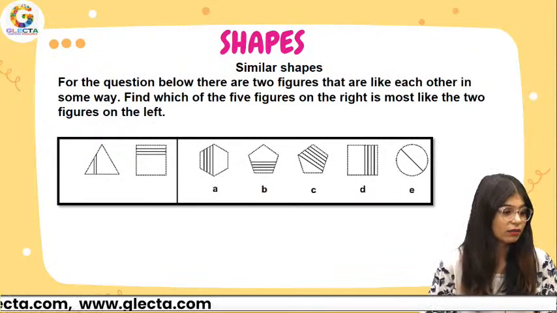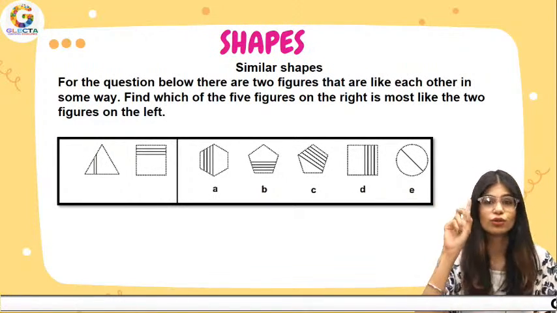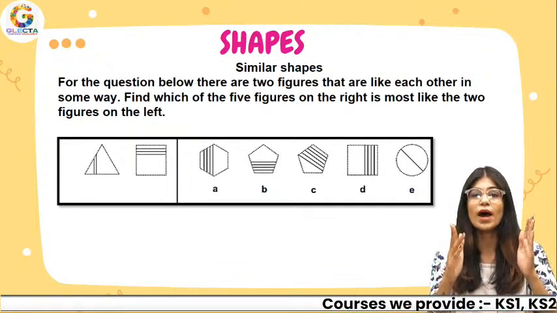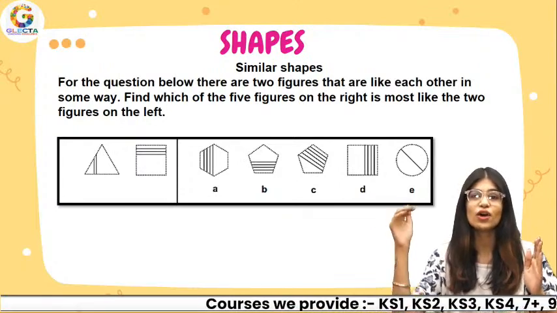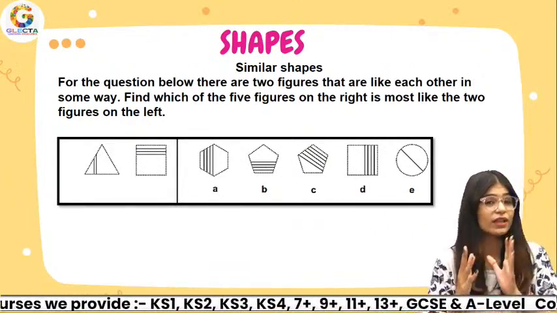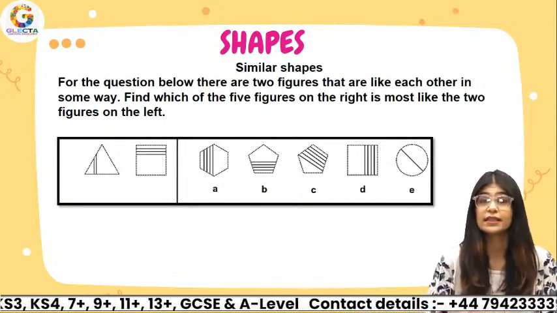So I have a triangle. Sides, 3. Number of lines inside it, 2. Which means the number of sides take away 1 is the number of lines on the inside. Well, let's see if the next figure follows the same. 4 sides, 3 lines. It does.